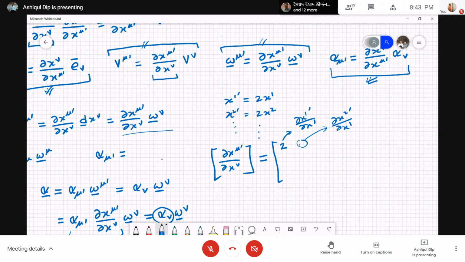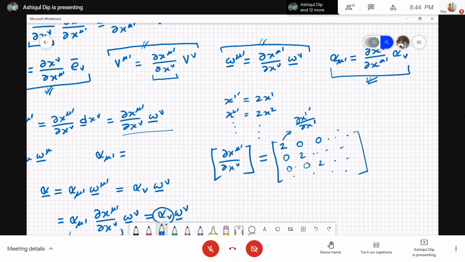So what's that? That is basically 0, right? So it will be like this: a diagonal matrix with all the elements on the diagonal being 2. Yes, like that. Does everyone agree with that?